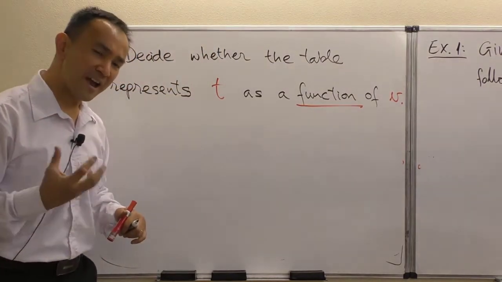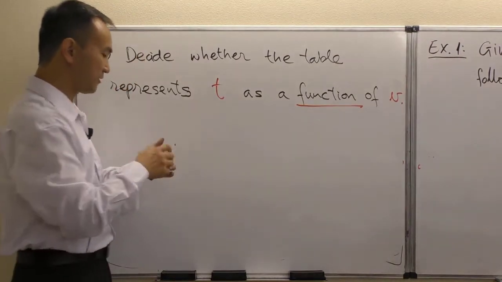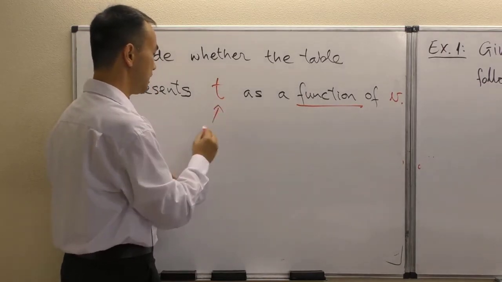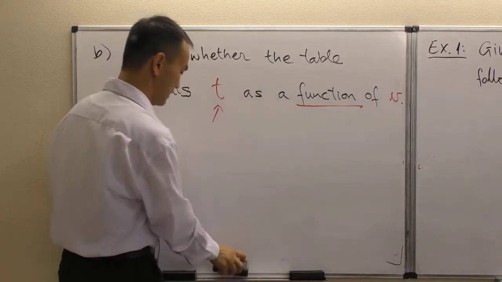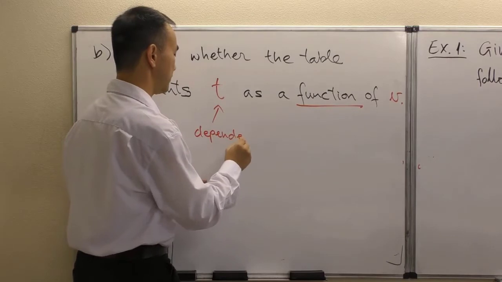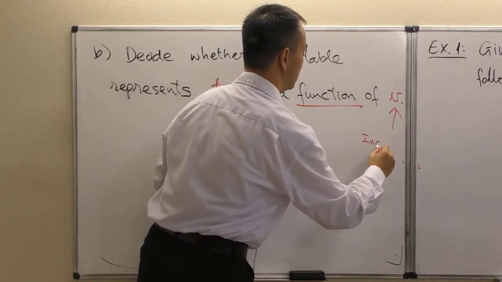So now we have had some experience from the earlier problem. That means this time we want t to be the dependent variable, and v here to be the independent one.